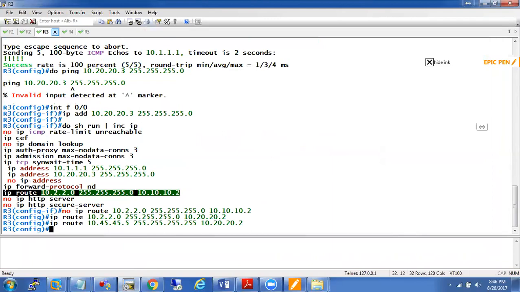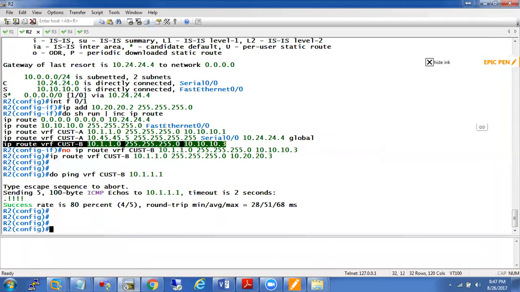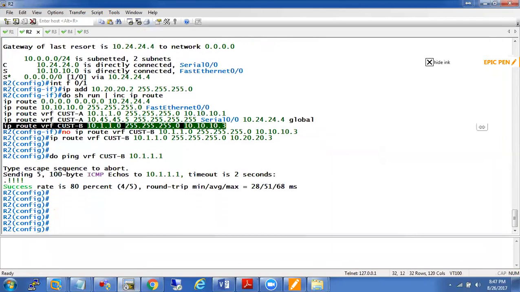What do I need to do on R2? The leaking of the route. How do I do that?